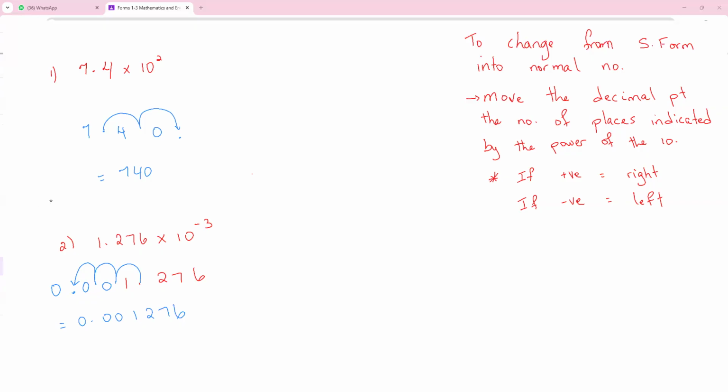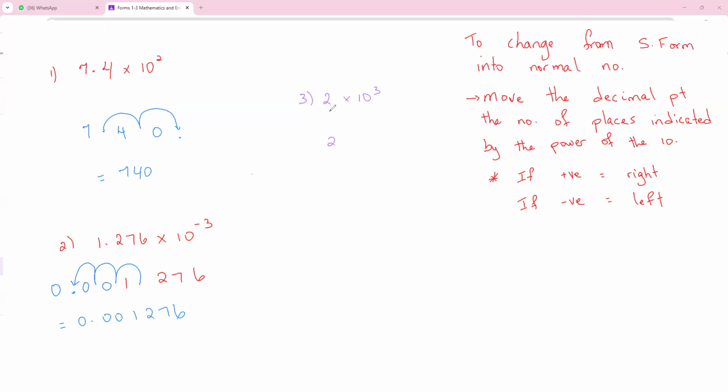2 more, I'll do. So let's say they gave us 2 by 10 to the power of 3.